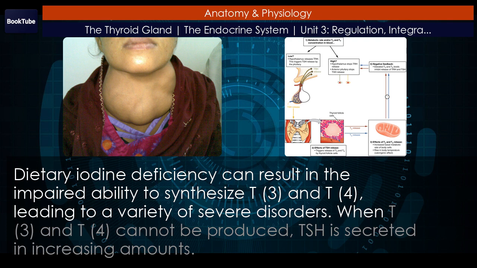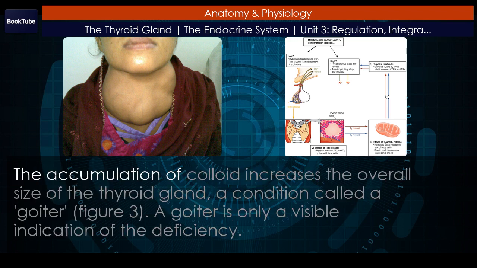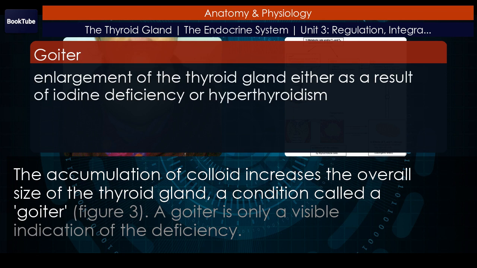When T3 and T4 cannot be produced, TSH is secreted in increasing amounts. As a result of this hyperstimulation, thyroglobulin accumulates in the thyroid gland follicles, increasing their deposits of colloid. The accumulation of colloid increases the overall size of the thyroid gland, a condition called a goiter.